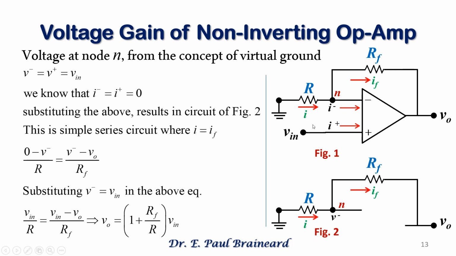From the concept of virtual ground, V minus is equal to V plus, which is equal to Vin, and we also know that I plus is equal to I minus is equal to 0, as no current flows into the op-amp, that is, input currents are 0. By applying these two conditions for the op-amp shown in figure 1, it will result in a simple series circuit shown in figure 2.